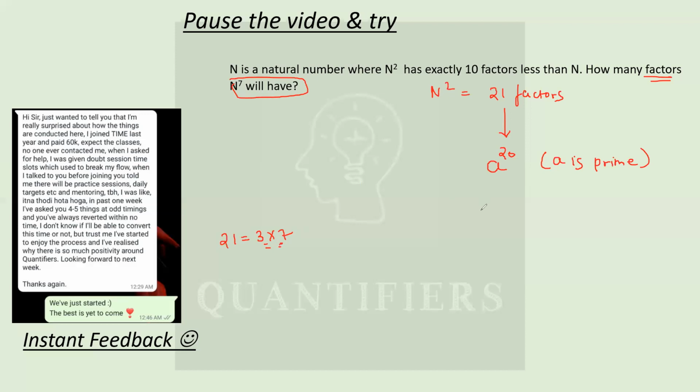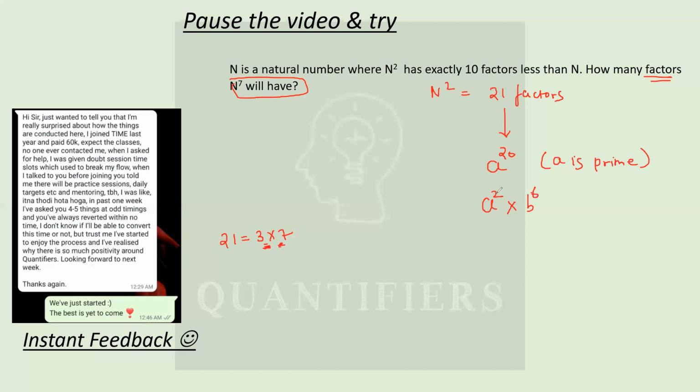तो इसका क्या मतलब हुआ? That means if I am using two different prime numbers and increasing their powers by 1, I should get 3 and 7. That means I can say that powers of these prime numbers should be 1 less than 3 and 7. तो मतलब एक प्राइम नंबर का पावर 2 होना चाहिए और दूसरे प्राइम नंबर का पावर 6 होना चाहिए.